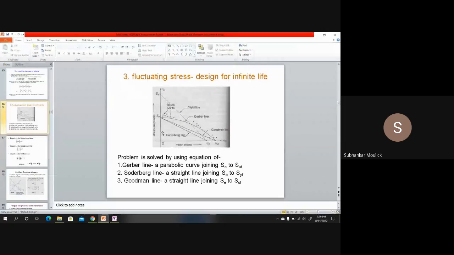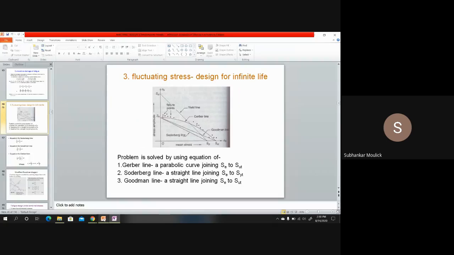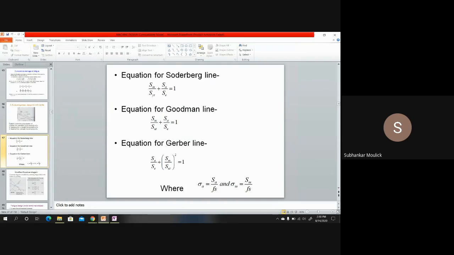So this is the Soderberg line. Intercept on y-axis is this SE, because this line is joining SE on y-axis. So x by a plus y by b is equal to 1. So this is the equation of Soderberg line. Sigma m by SYT plus sigma a by SE is equal to 1.